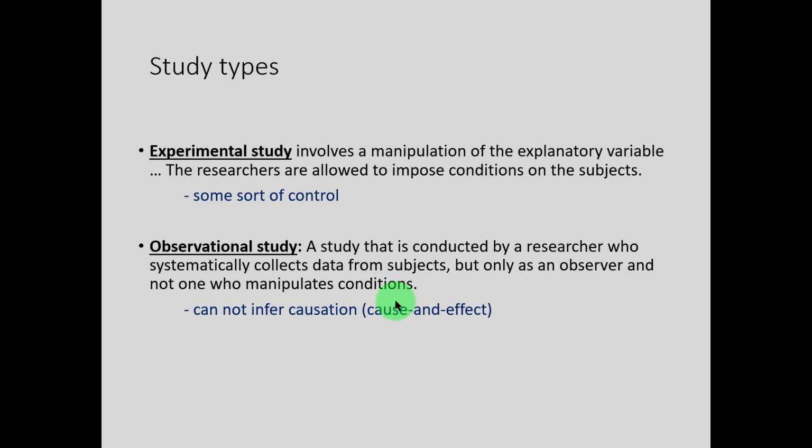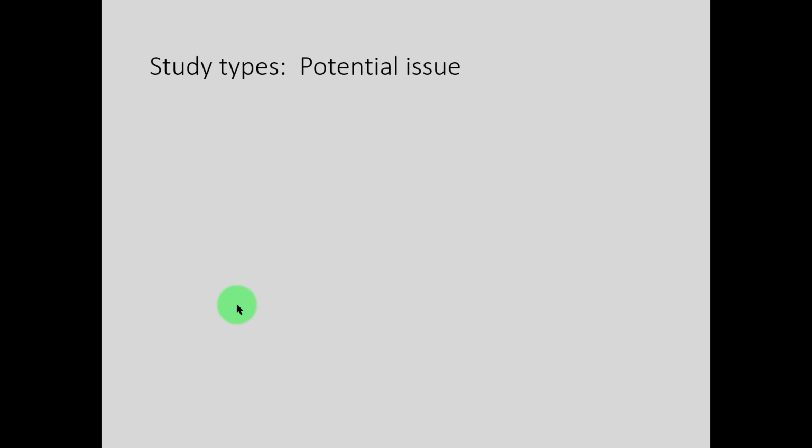And we're going to discuss how in an experiment, if it's performed correctly, a cause and effect relation can potentially be discovered because of that control that was exhibited. But that cause and effect cannot be discovered in an observational study for a slew of reasons that we will discuss right now.